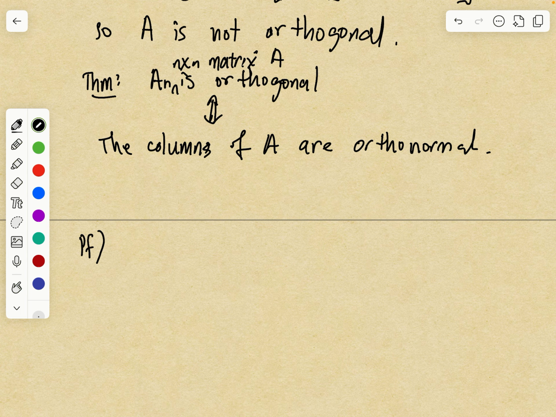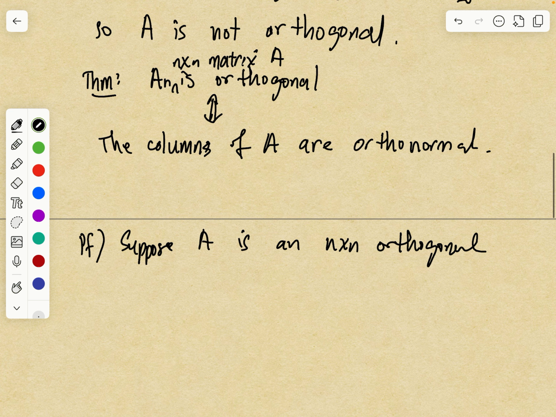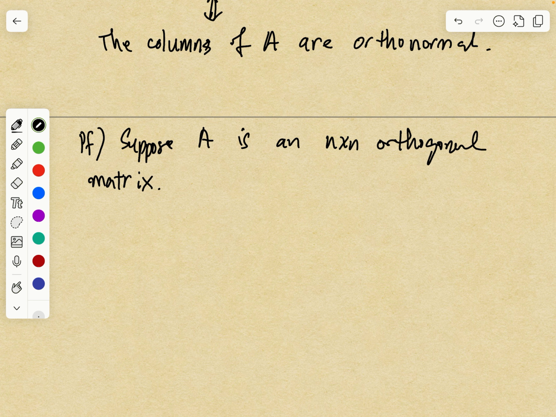Let's prove this. So let's prove that if you have a matrix that's orthogonal, then the columns are orthonormal. Suppose that A is an n by n orthogonal matrix. Then A transpose A is the n by n identity matrix.